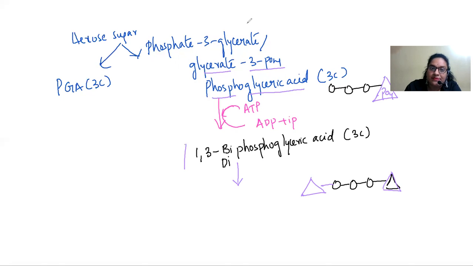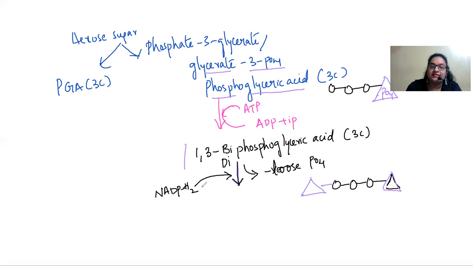Okay, now the 1,3-BPGA, in a series of steps, is going to lose a phosphate molecule, and it is going to take up energy from a reduced coenzyme like NADPH2.